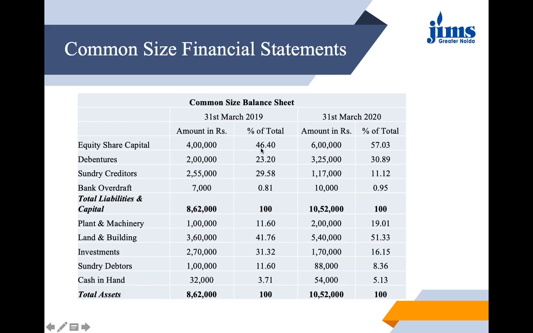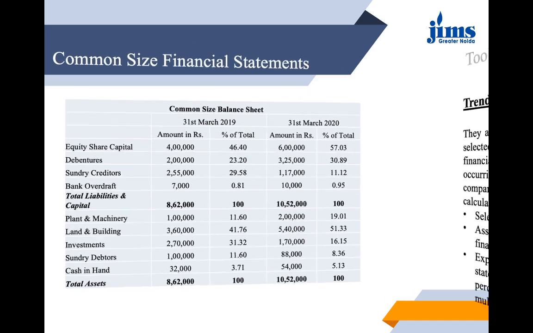Here we can see that 46.4% was your equity share capital, but in this year 57% is your share capital. It has increased over the period of time. So the analysis is different, the way of calculation is different, and which method to opt for is decided by the requirement of the analyst, that is, what he actually wants to analyze.